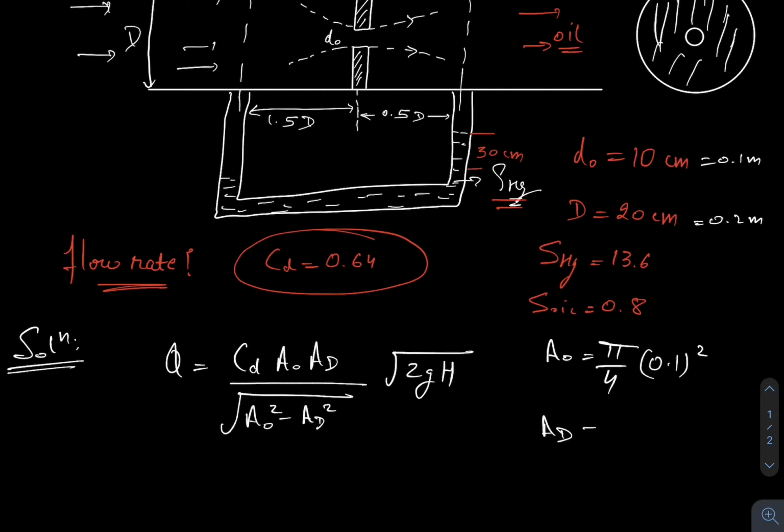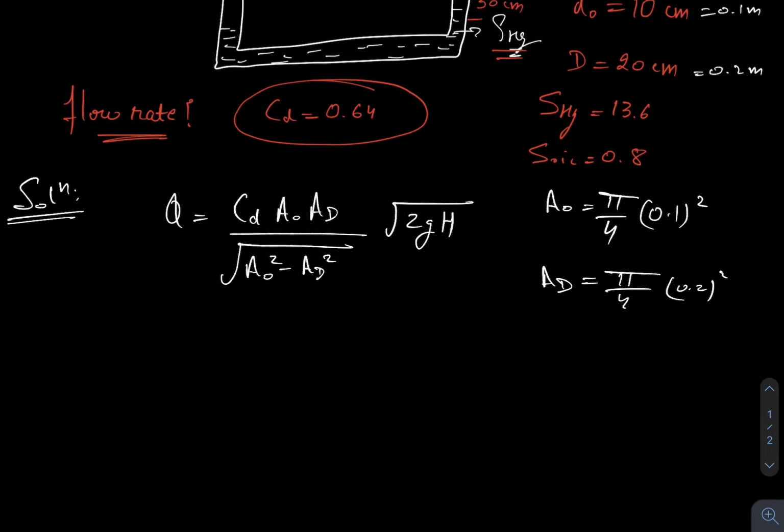Similarly, the area for the pipe is pi by 4 into 0.2 squared, right? We have calculated A naught, we have calculated AD, CD is given to us, and G, acceleration due to gravity, we know. Now we need to find out H, the pressure head. So how do we calculate H? We have discussed this in the Venturi meter class.